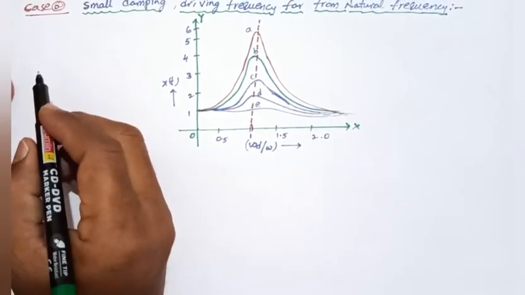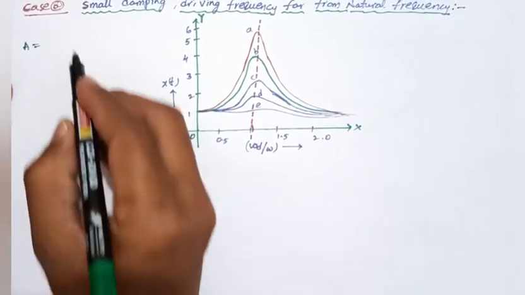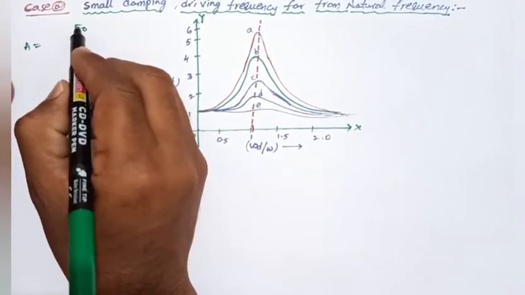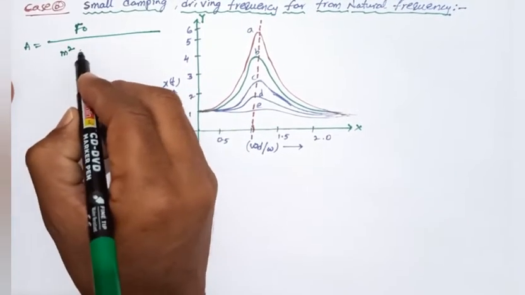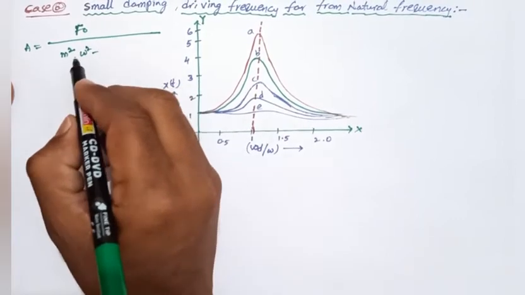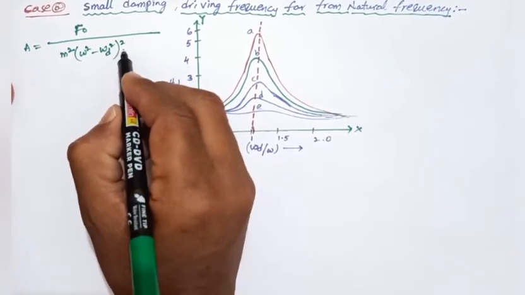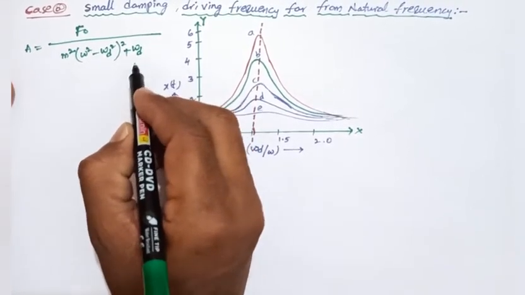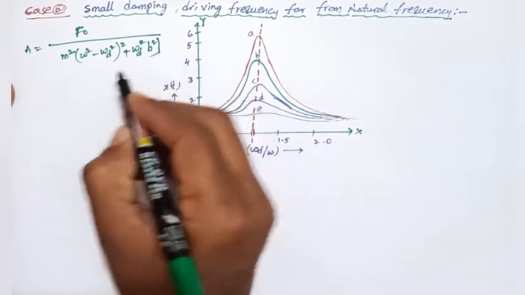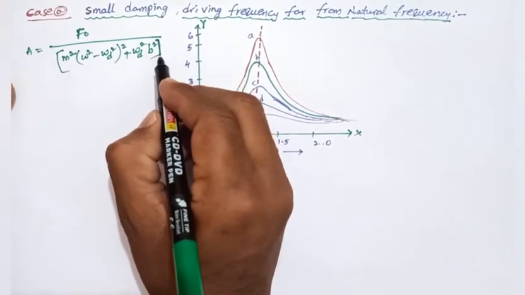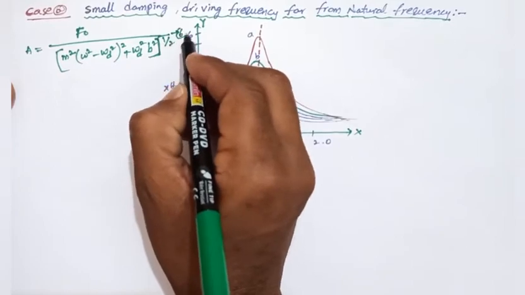In equation number 6, A equals F naught by m square root of omega square minus omega d square whole square plus omega d square b square, complete power of 1 by 2. So this is equation number 6.